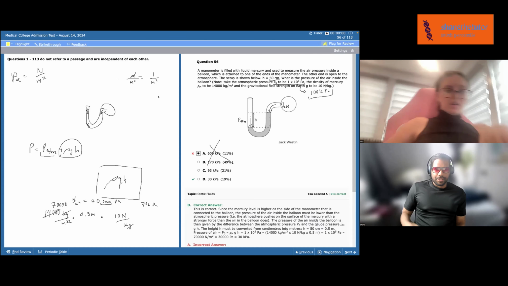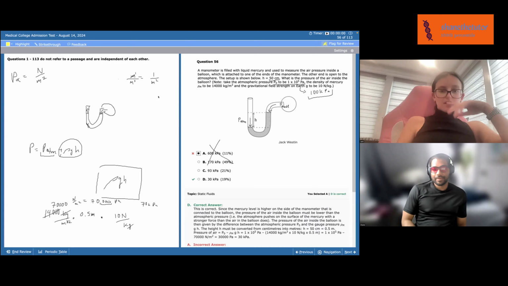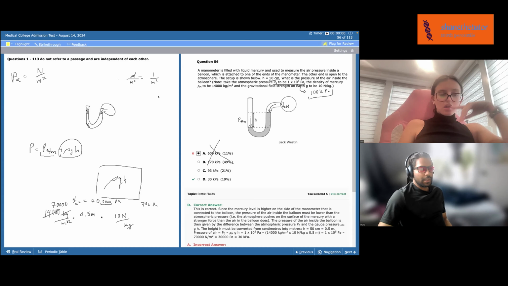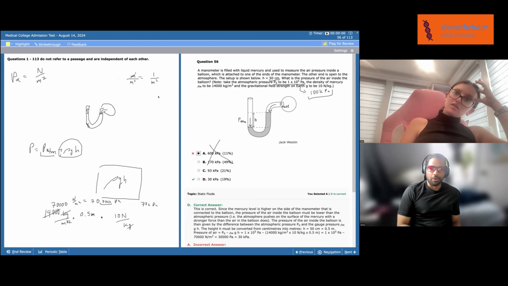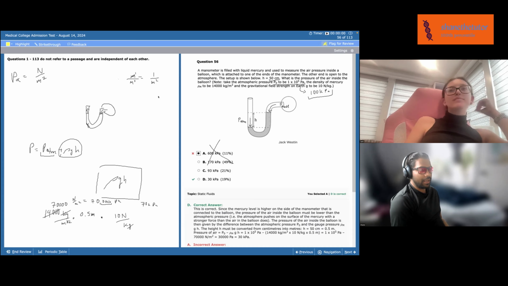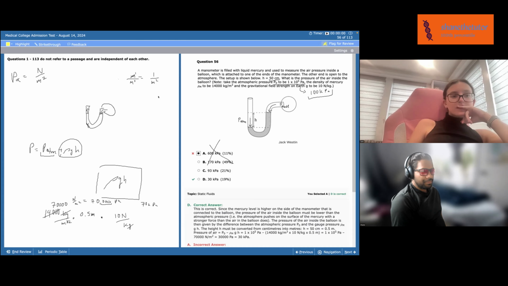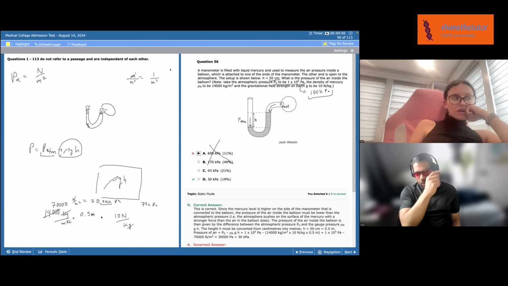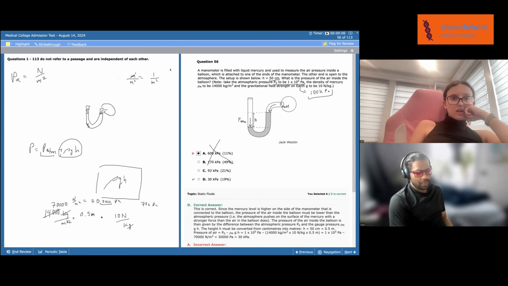Is there a shortcut with this, or is this a problem where you actually have to solve it out? First you would look at it intuitively to see that the levels are not equal, and the water level, or mercury level, for the one that's exposed to the atmosphere is lower. That means the pressure of the balloon must be lower than that of the atmosphere.